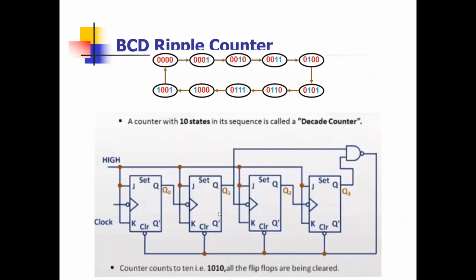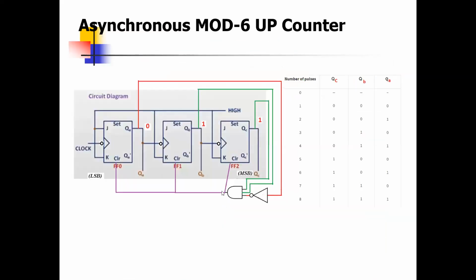Can you do it with the normal AND gate instead of NAND? Here it is with the AND gate. No, with the bubble, we cannot do it with the NAND. If I have a bubble here, look, then there is no need to give a NOT gate here, because this will give me 0. And here is also a bubble.